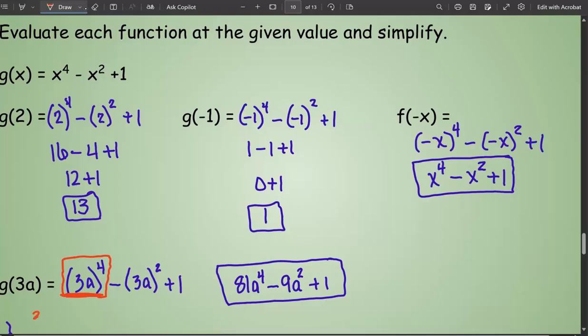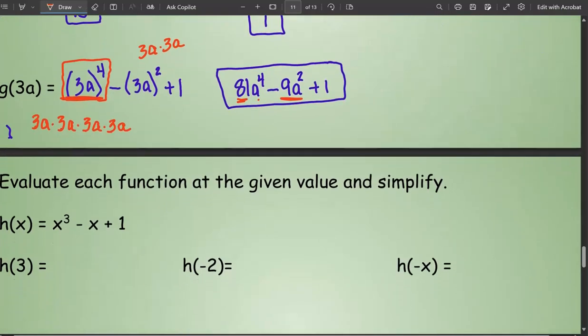That means 3a times itself 4 times. And so 3 times 3 is 9, 9 times 3 is 27, 27 times 3 is 81, and then a times a times a times a is a to the fourth. And then the same thing with 3a squared. That would be 3a times 3a, which is where the 9a squared comes from.